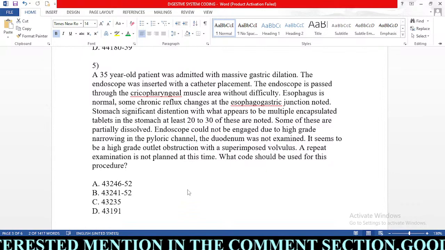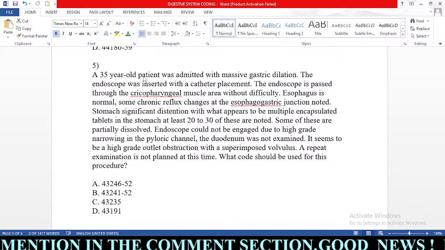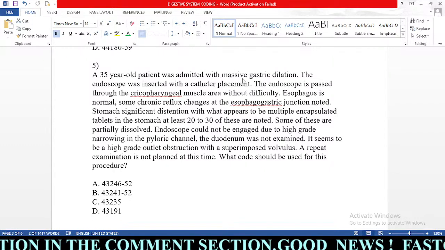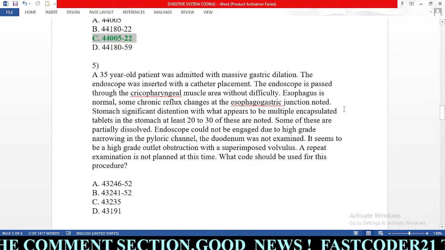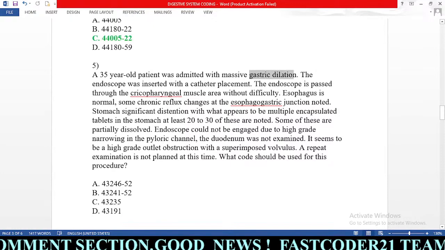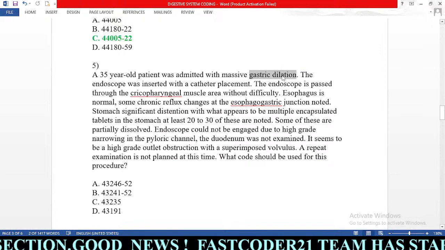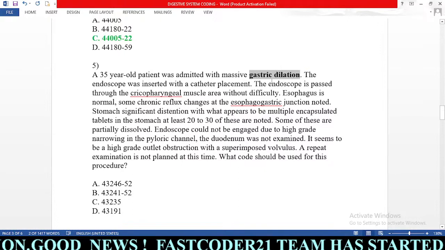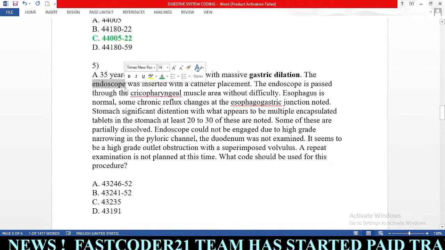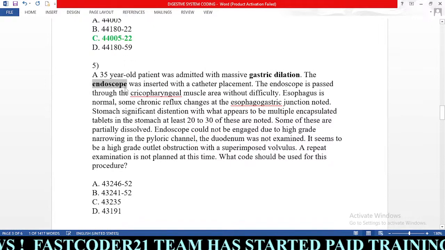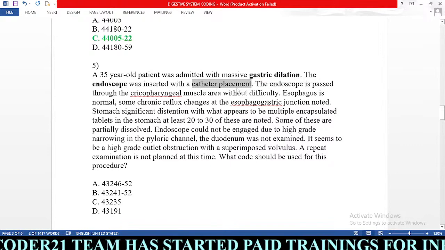So a 35-year-old patient was admitted with massive gastric dilation. It is basically dilation of the stomach. Gastric means stomach. So the endoscope is the keyword here. The endoscope was inserted with a catheter placement.